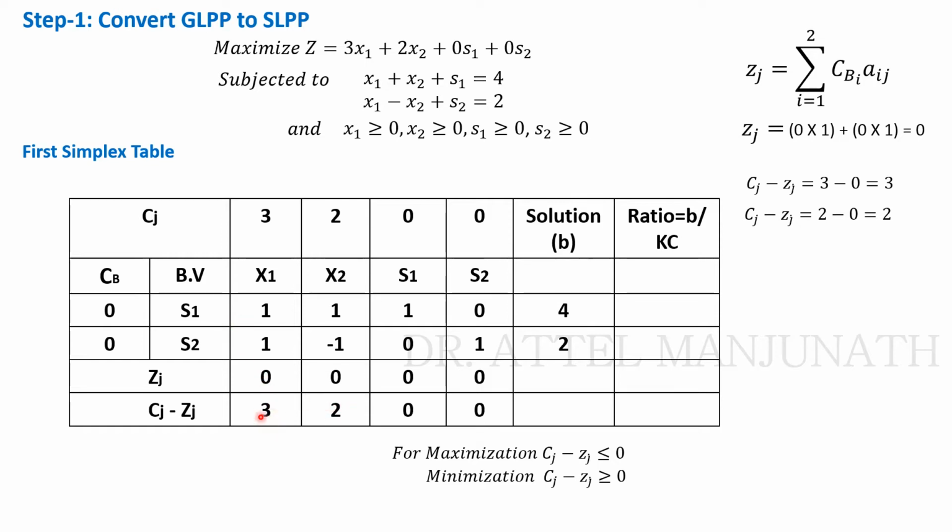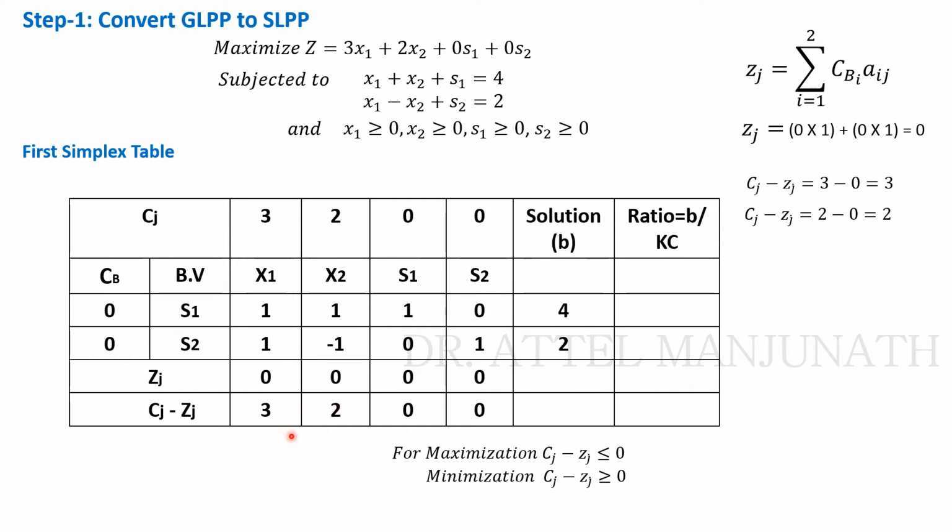If you introduce 3 into the equation, the maximization value will increase by 3, or if you introduce 2, the objective function of maximize z will increase. And even if you introduce s1 and s2, it will not have any effect on the profit, because there is no change in the values, as here you have 0, 0. Unless you introduce the x1 and x2 variables, you will not get an improvement in the solution or profit for the maximization equation.